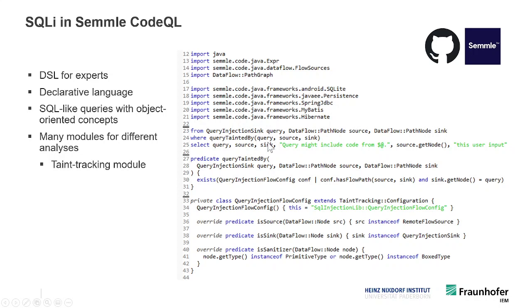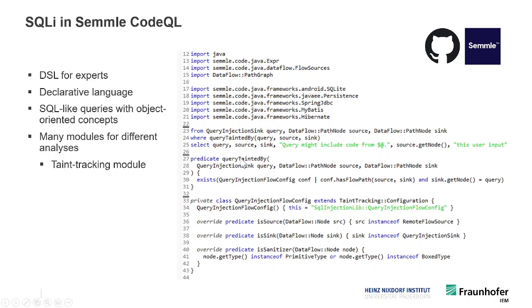This is a predefined class, already implemented, and it implements a pattern matching of typical sinks for injection. So this is exactly where our lists of sources and sinks will come from, and CodeQL can do this in a pattern matching way, I would say.